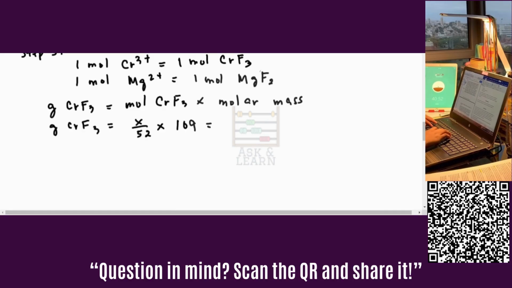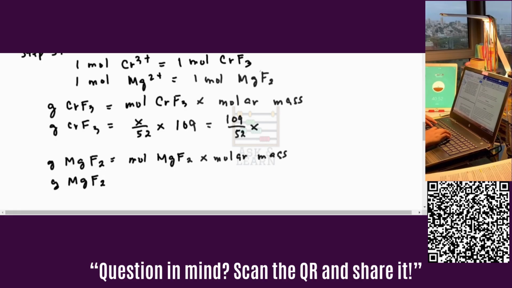So this is equal to, okay, and for the mass of magnesium fluoride, we have moles of MgF2, which is equal to the moles of Mg ion, y over 24.3, times the molar mass, which is 62.3.